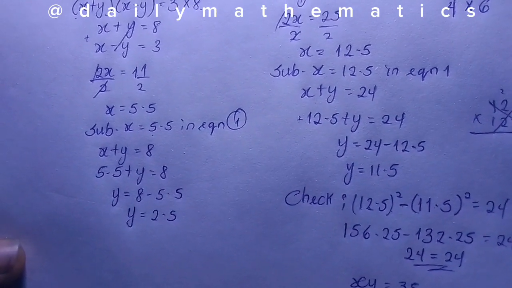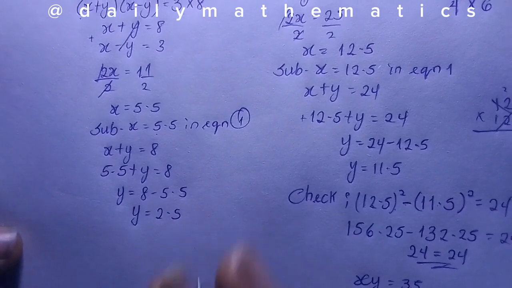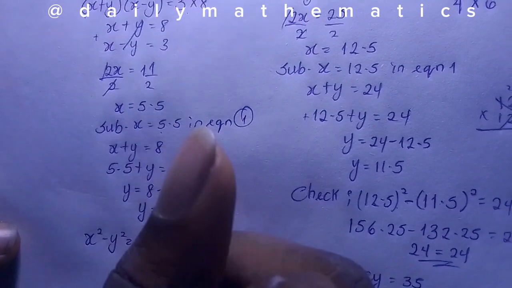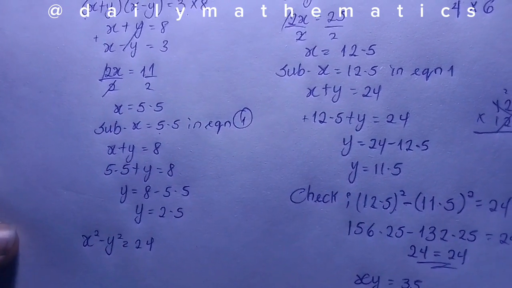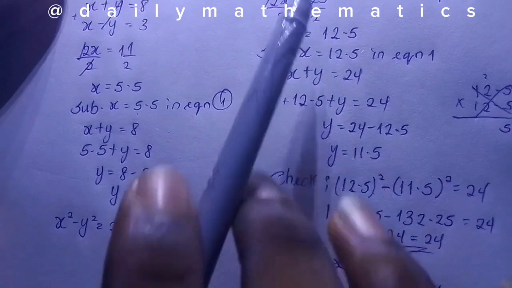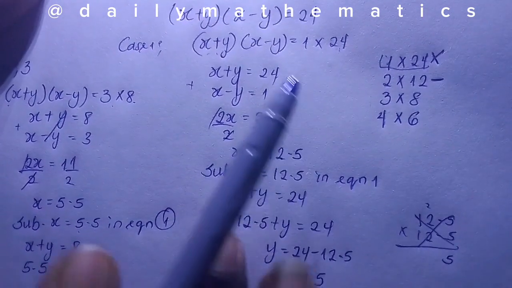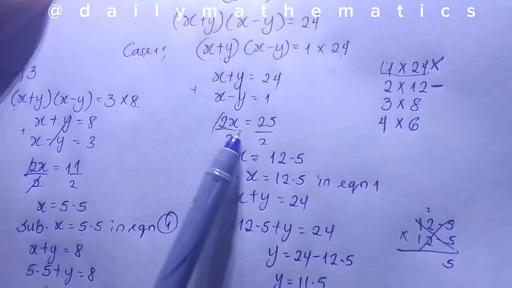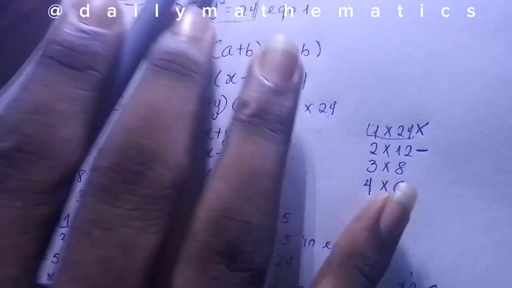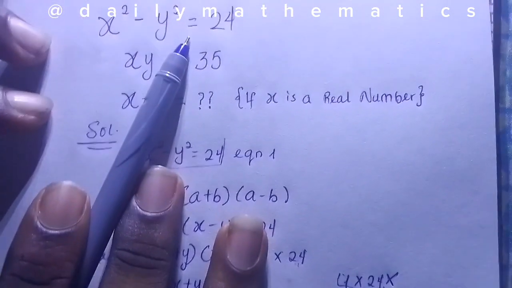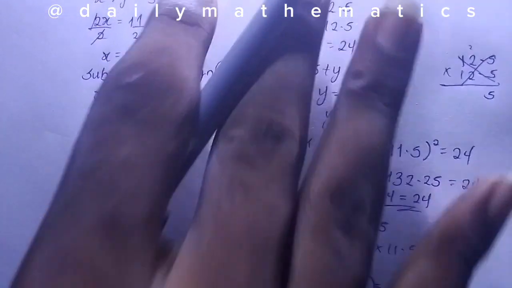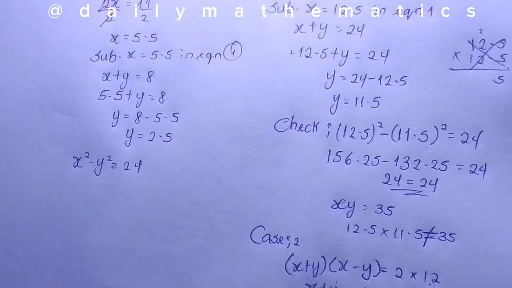So now let's check as usual. From the first equation, it says x squared minus y squared equals 24. As in case 1, where x is 12.5 and y is 11.5, everything gives us the answer we are looking for, which is 24. Why? Because it was from this equation we are getting all our values, so everything must equate 24.